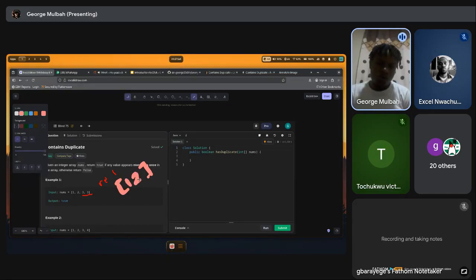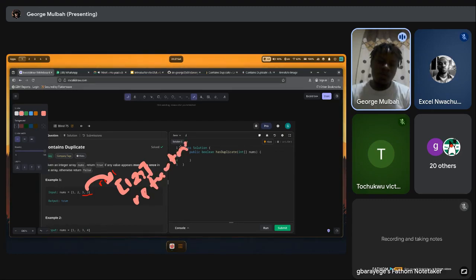No, we place 2. 3, are you in this set? No, we put 3. And then the last one, when we ask ourselves, does 3 exist in this set? It turns out that 3 does exist in this set. The set contains 3. So because the set contains 3, we'll return true.